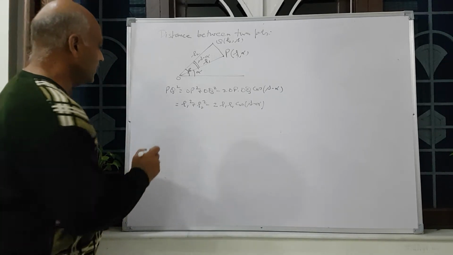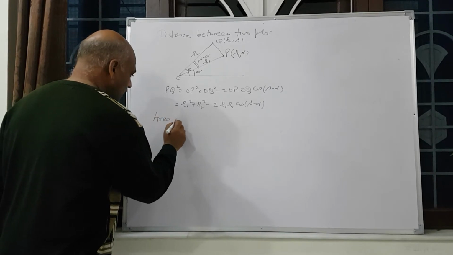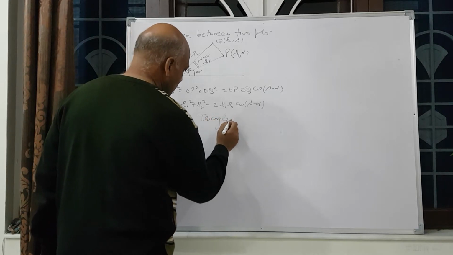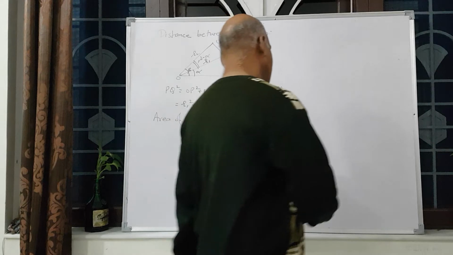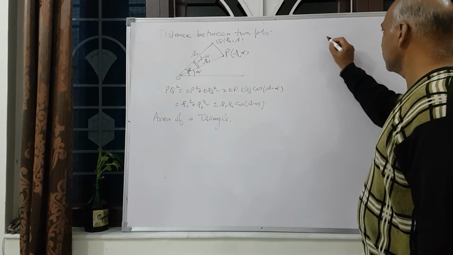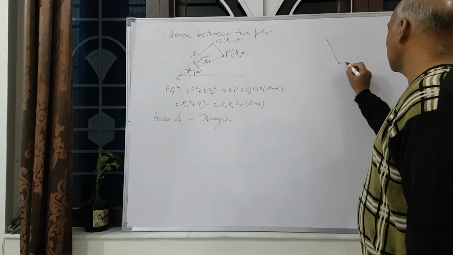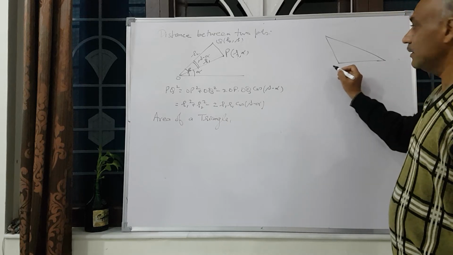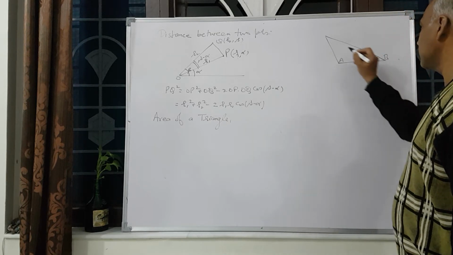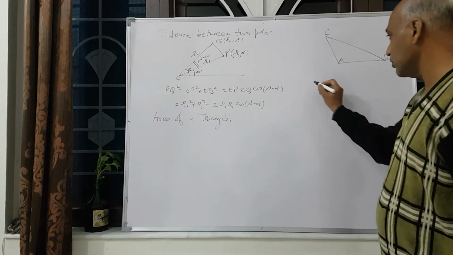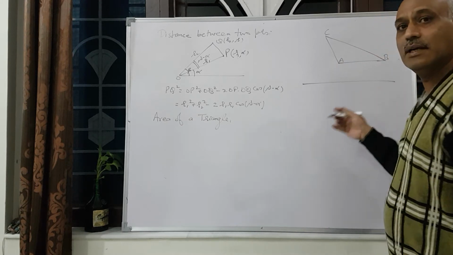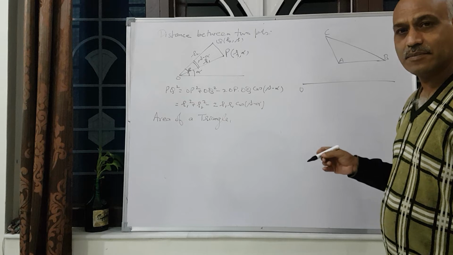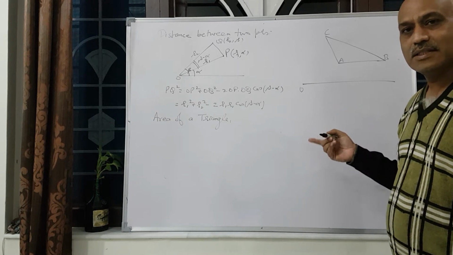Now we find the area of a triangle. How do we find the area of a triangle? Suppose this is a triangle A, B, C. We have to find two things: position and angular direction. Position means the distance of A, B, C from a fixed point.